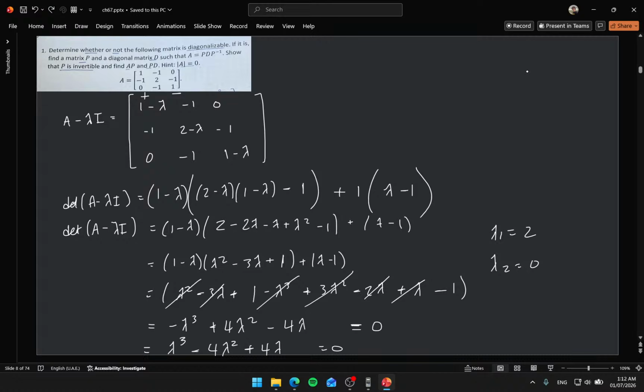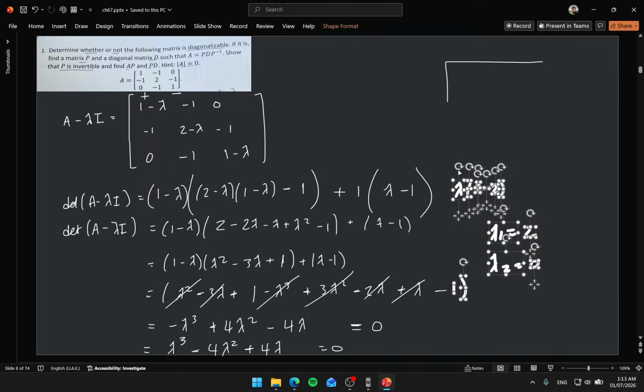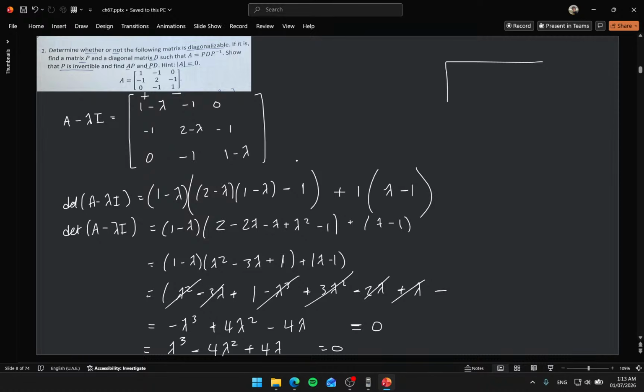We perform synthesis, or synthetic division. I don't know how they write it like this, I think so. Okay. Oh, sorry, this one is easier without the synthesis. You don't need it actually.